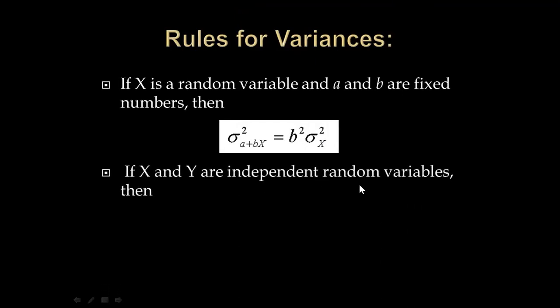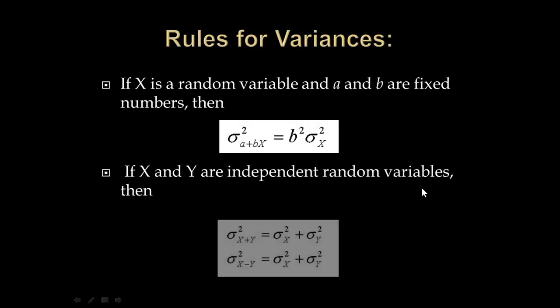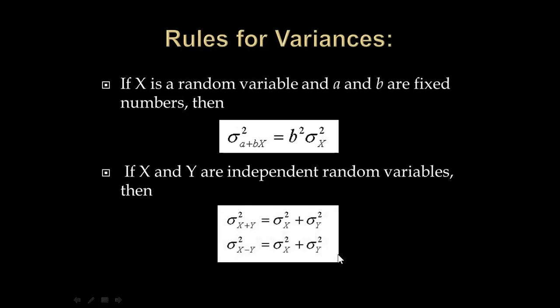If x and y are independent random variables, then we have the following relationships. For the sum of x and y, we're going to use this one. And for the difference of x and y, we're going to use this one. So we have these same formulas.